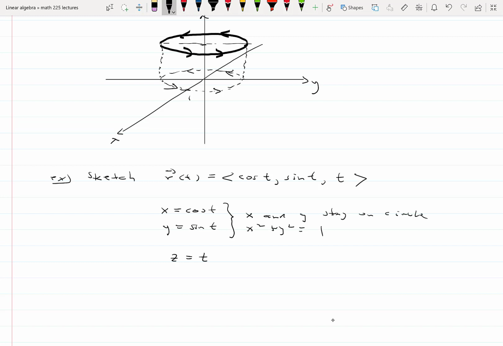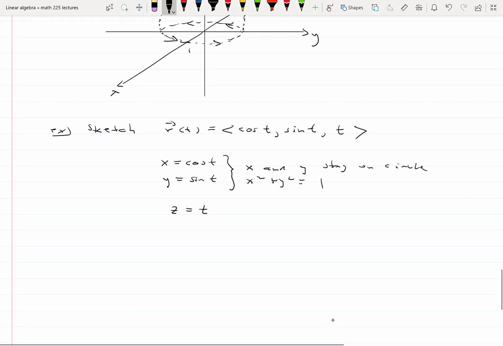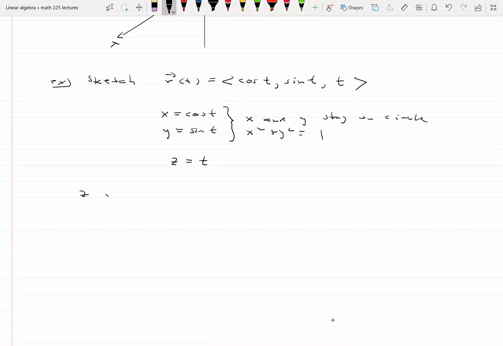In fact, the z-values are moving upward at a constant rate. Why is that true? Z is increasing at a constant rate. I'm going to put the word rate in caps and underline it, as a hint for how you can answer my question. Why? Because dz dt is 1.